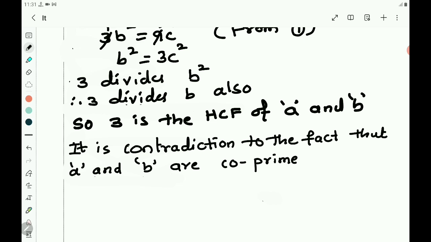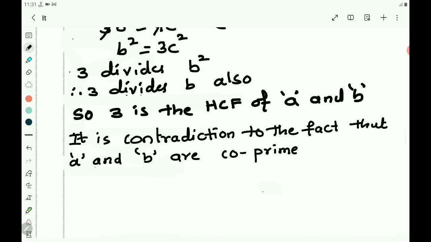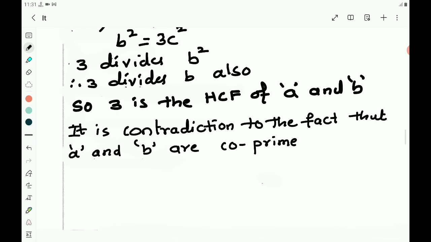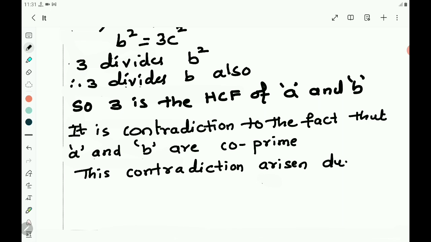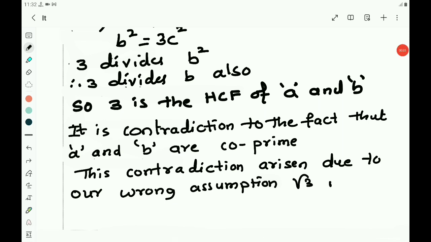This contradiction arises due to our wrong assumption that root 3 is rational. So what can you conclude?